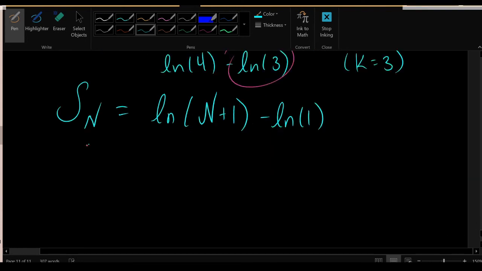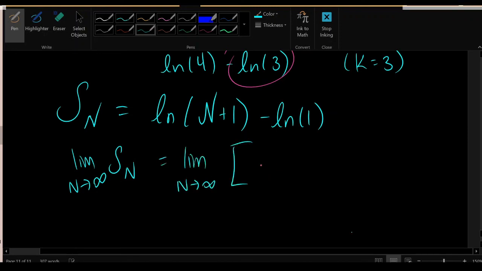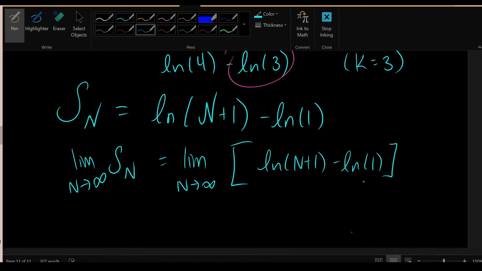If I consider then the limit as n goes to infinity of S sub n, which would be equal to the limit as n goes to infinity of this natural log expression, notice that natural log goes to infinity as its argument n plus 1 goes to infinity.